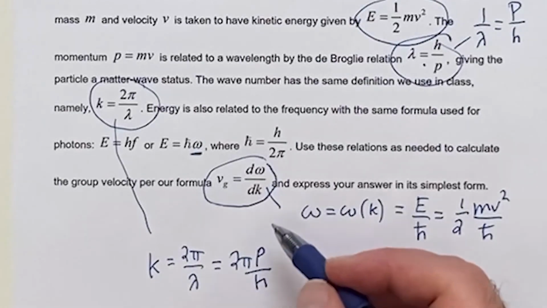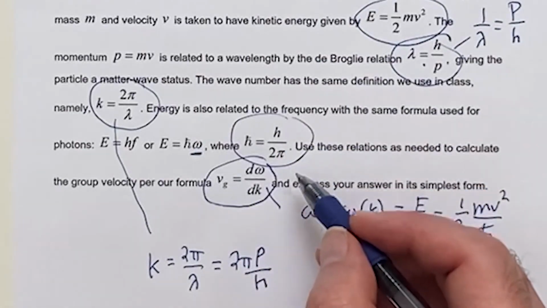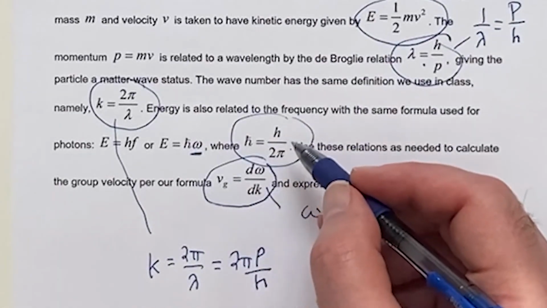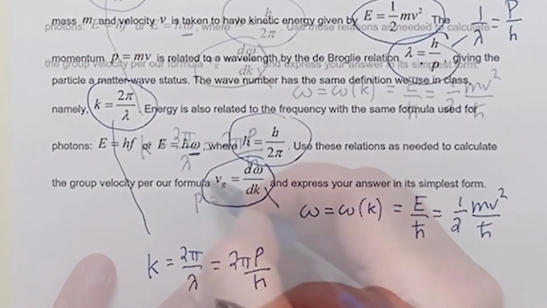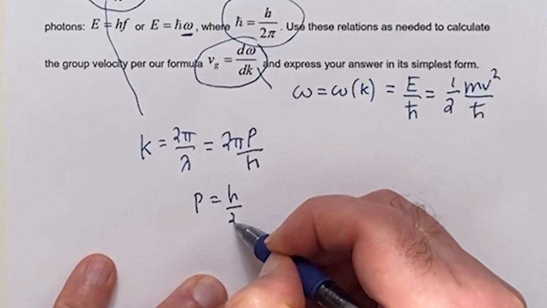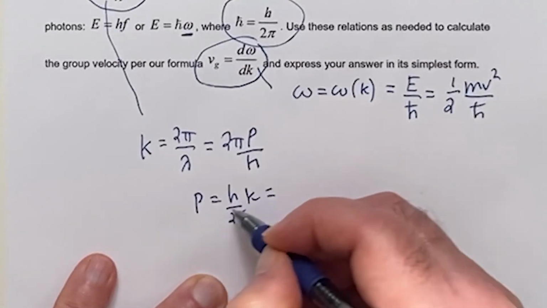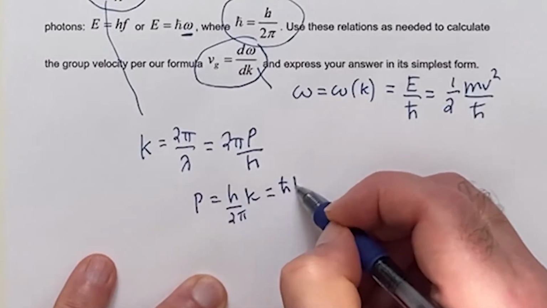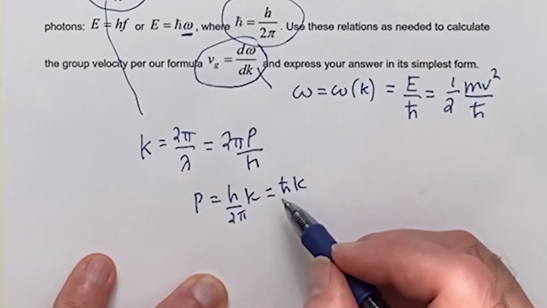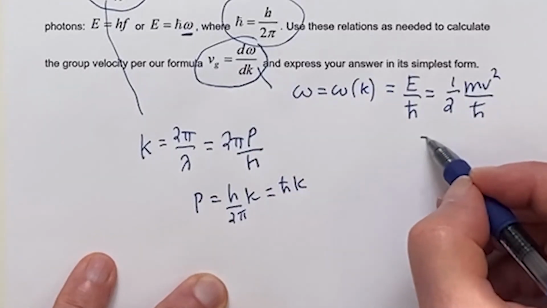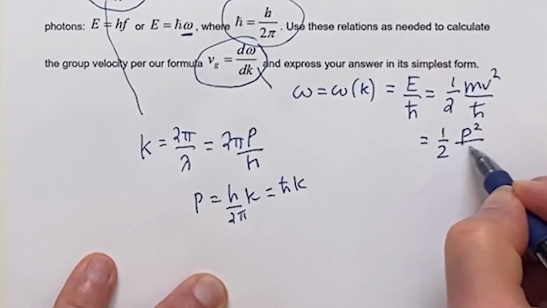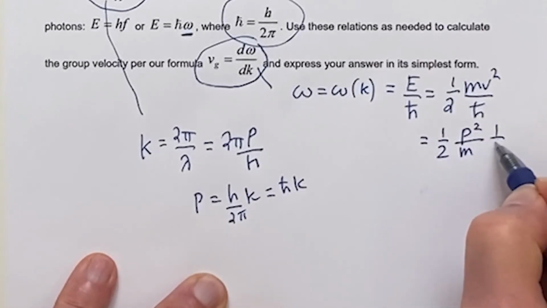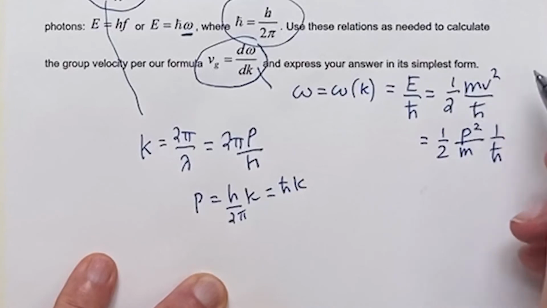And then it's telling me here's h bar. So h over, oh well, let me just go ahead and fix and get this over here. This is h over 2 pi k. So this is then h bar k. All right, now we have progress, because see here, there's an old trick that if you take the momentum and square it and divide by the m, that gets you v squared.